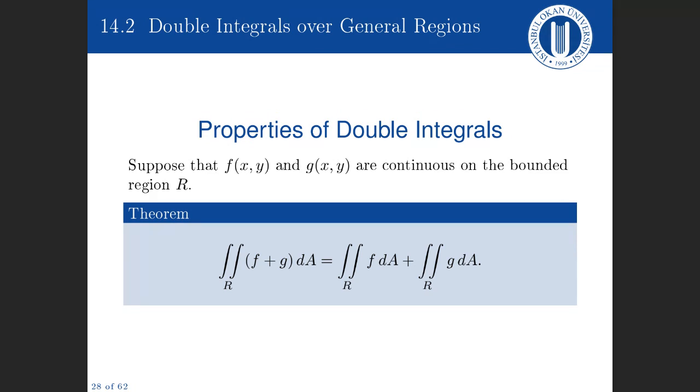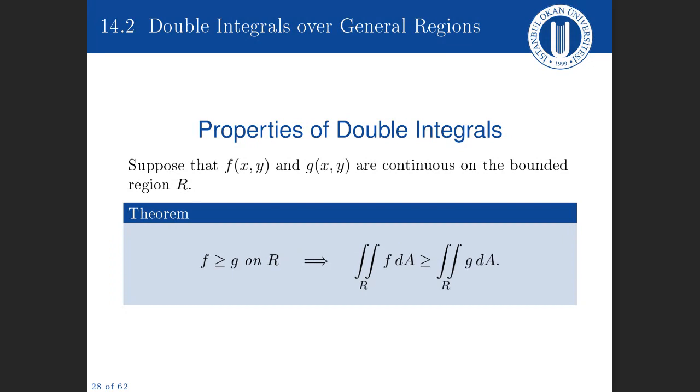The sum rule: integral of f plus g is the same as integral of f plus integral of g. If f is always a positive function, then the integral of f must always be positive. If f is always bigger than g, then integral of f must be bigger than the integral of g.